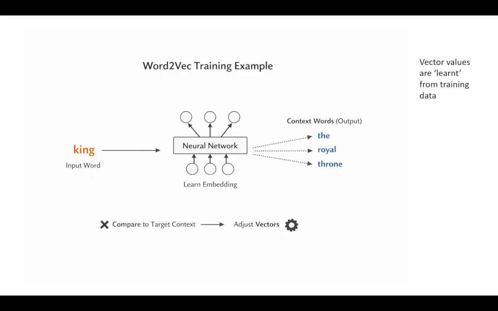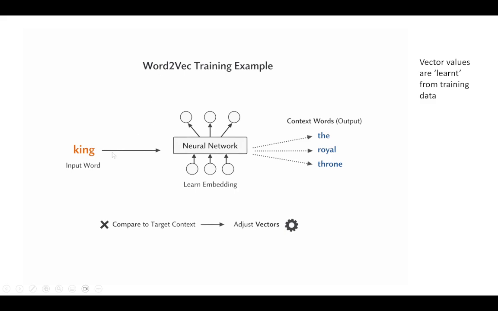Now, as I was saying, these are not just magic words. These vector values are actually learned from training data. So how does it work? It's a very simple example of a very popular training algorithm for learning these vector values called word2vec.